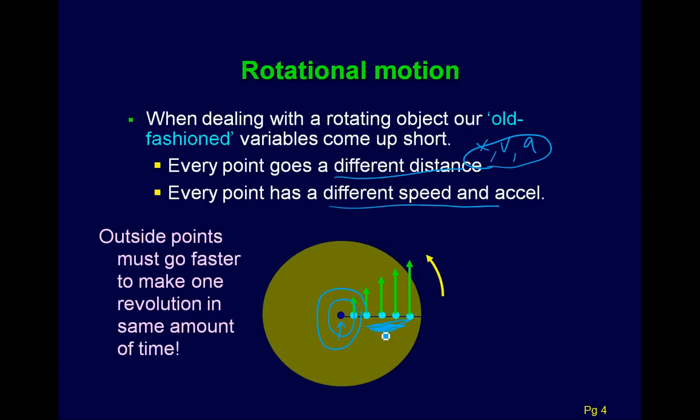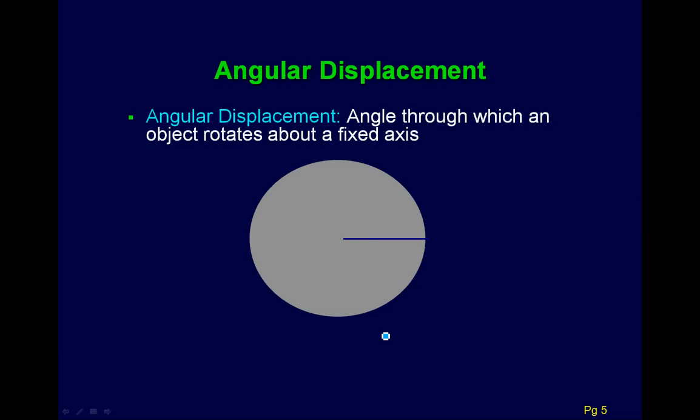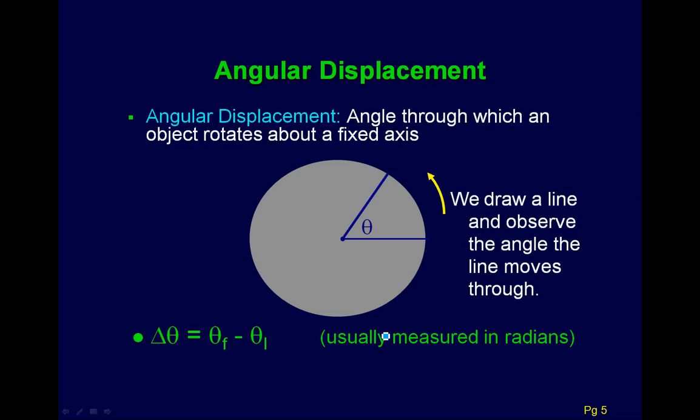And so what we did is we created a new angular rotational value. Basically, all these points are going to go through the same angle, the same amount of radians in the same amount of time. They're going to do the same number of revolutions in the same amount of time. And so we define the angular displacement, which is usually measured in radians.